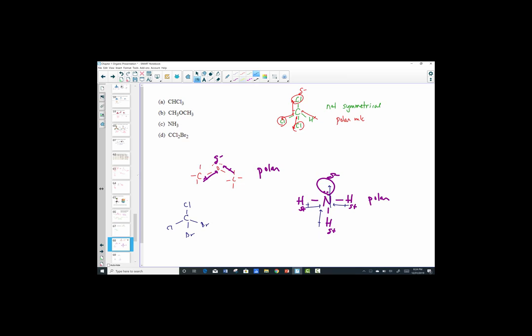Clearly we see that these are polar bonds and being pulled towards the chlorines, towards the bromine, but this is not the same electronegativity. Chlorine and bromine are not the same. Chlorine is much more electronegative than a bromine. So this is a more dynamic pull towards the electrons as compared to this. So this is also a polar molecule.